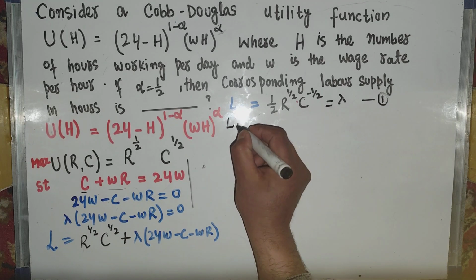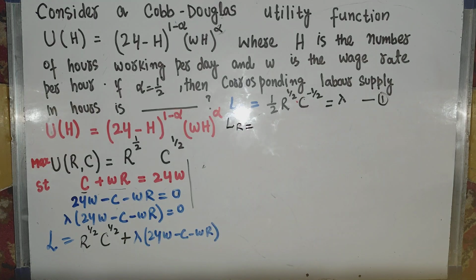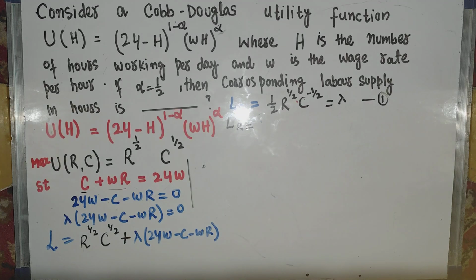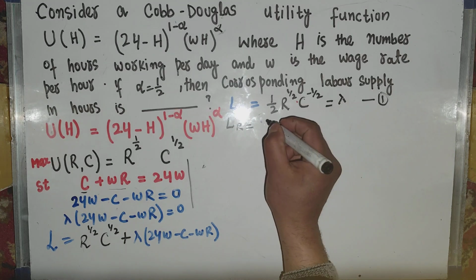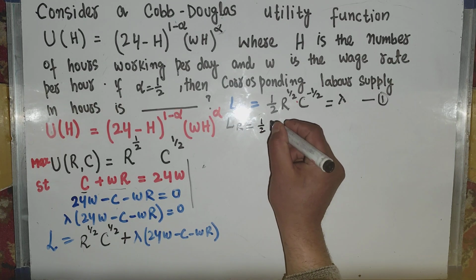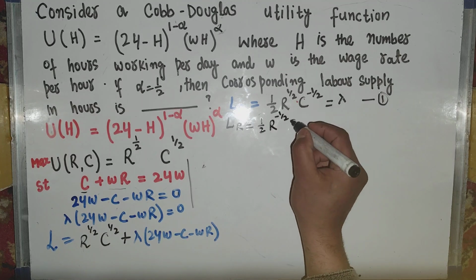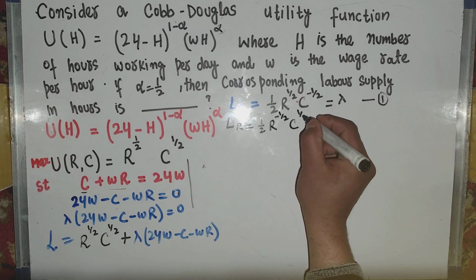Similarly, L subscript R means the partial derivative of this function with respect to R this time. So the exponent of R becomes the coefficient, so we have 1 upon 2 R, and the exponent is reduced by 1. Since we are taking partials here, C will remain the same, 1 upon 2.